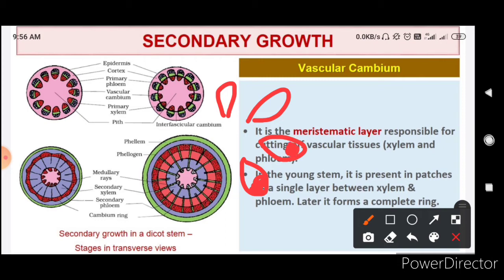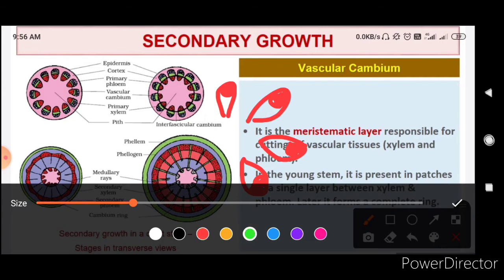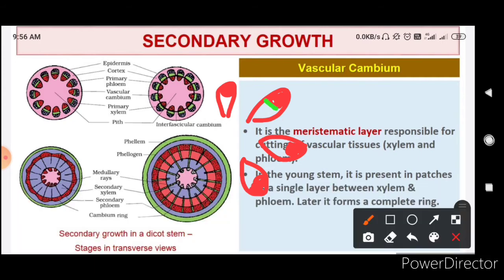Assume it is in ring form, and this is the cambium which is present. So what it will do is form a ring-like structure joining all the vascular bundles in this way.